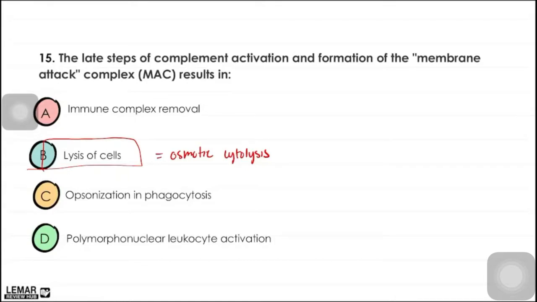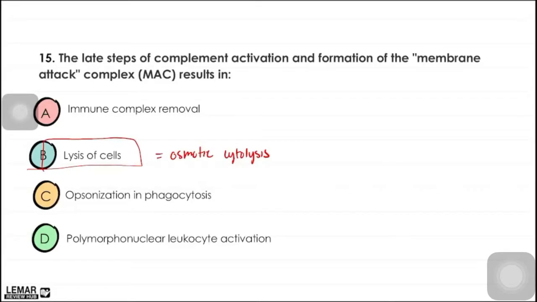Okay, let's discuss the other choices. We have letter A, immune complex removal. Removal of an immune complex from tissues occurs from the activation of your classic complement components, C1q, and covalently bonded fragments of C3 and C4.